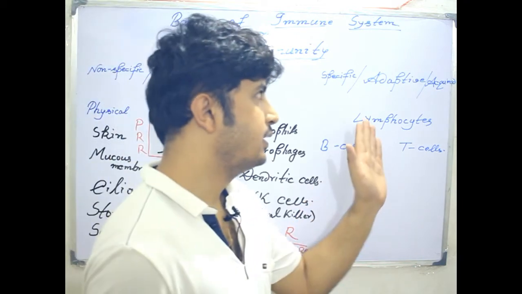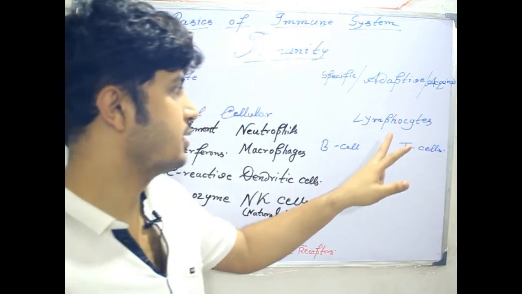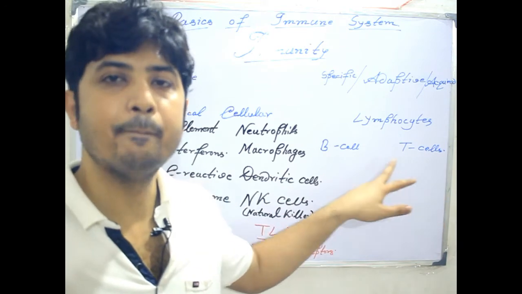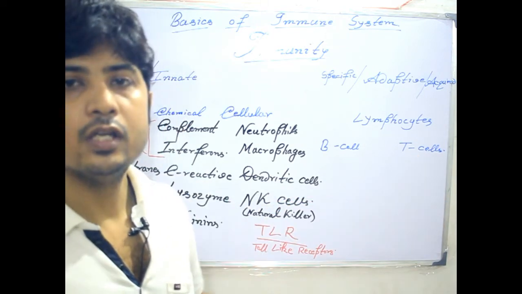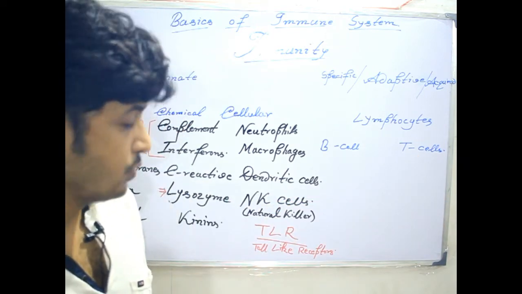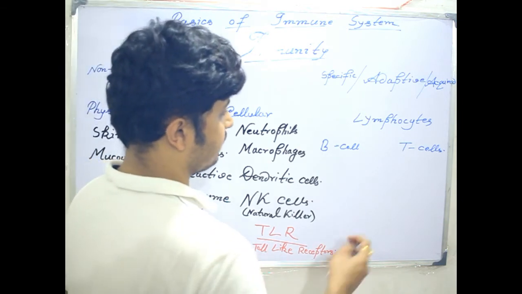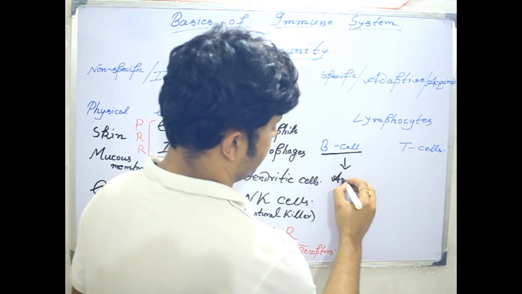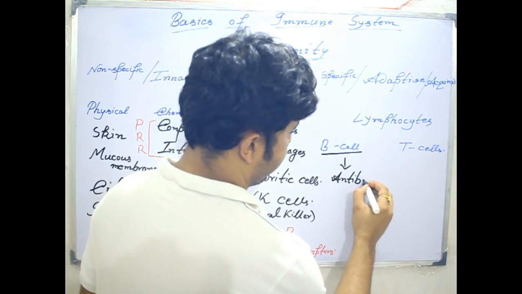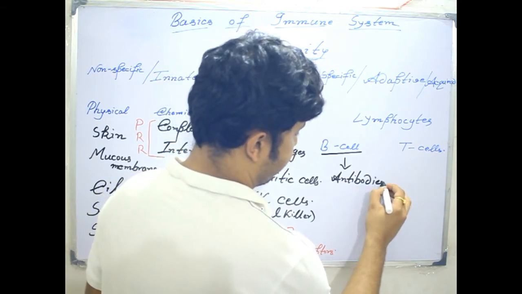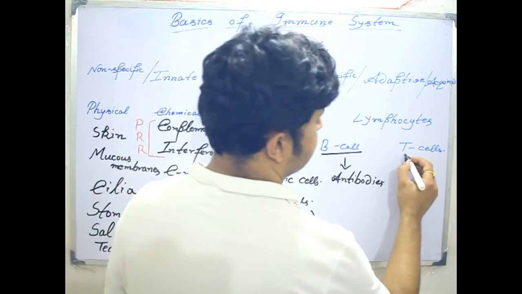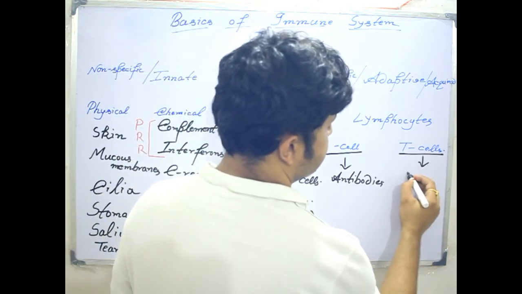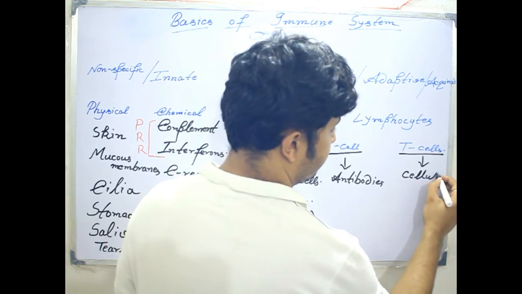Now that adaptive or acquired immune system consists of two types of cells, B cells and T cells. So B cell produces antibodies, and T cell is a cellular immunity form.